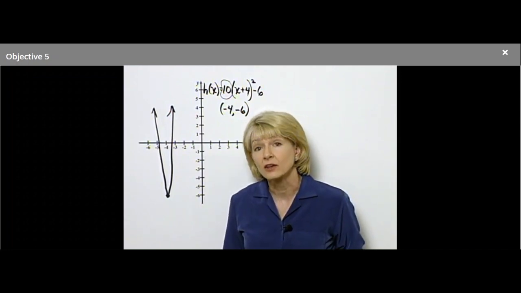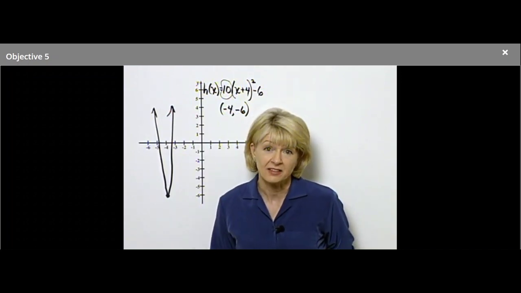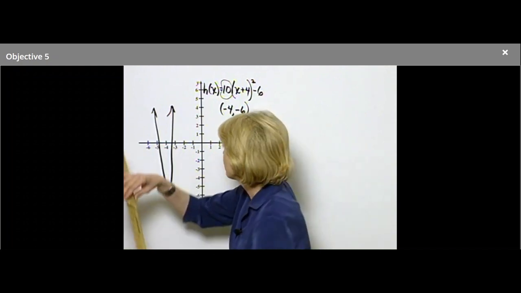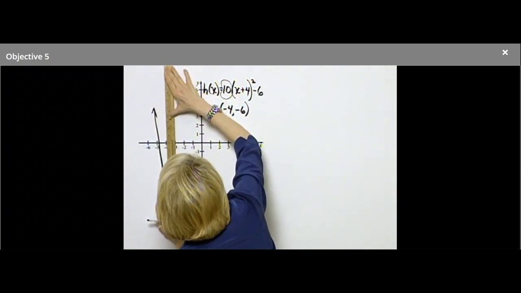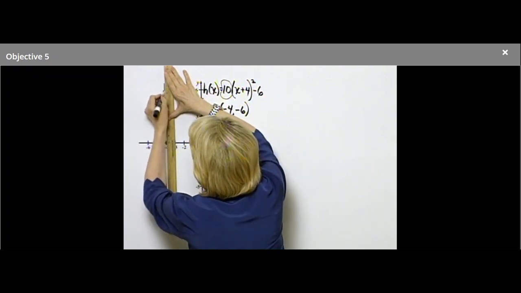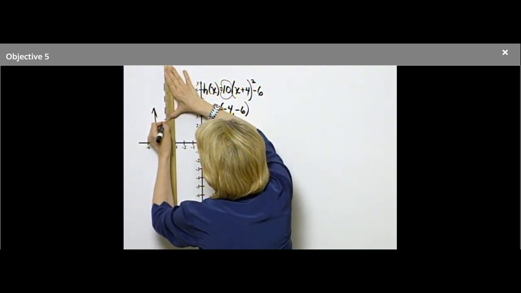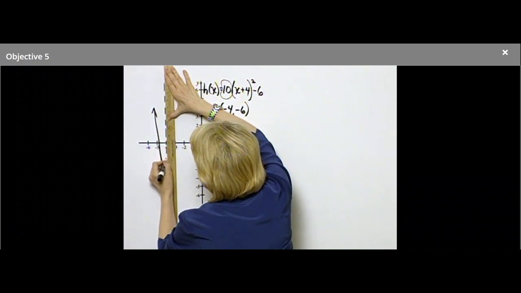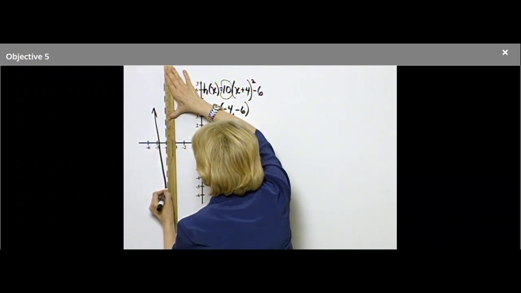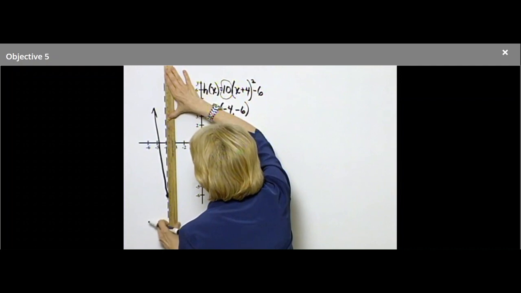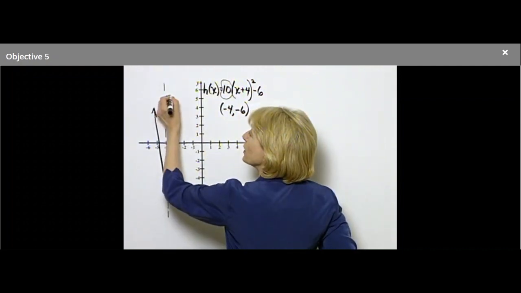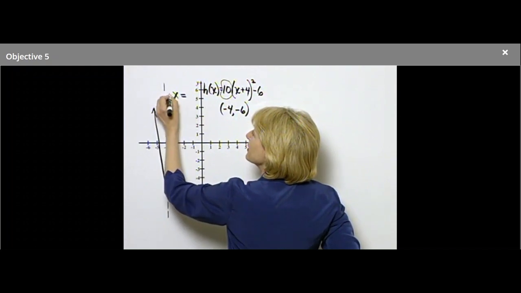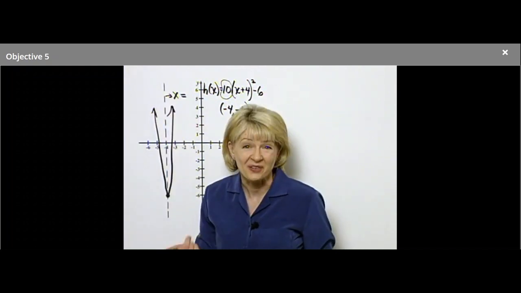And then what is the graph of the axis of symmetry? Let's graph that axis of symmetry, and you be thinking about the equation of this graph, the axis of symmetry. Remember I told you it will each time have equation x equals the x value of the vertex.